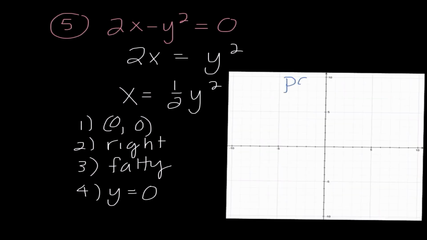Okay, so I'm writing a big fat parabola on my graph. And I'm going to 0, 0. If it's right and it's fat, I'm going to go to the right 1 and up 2, and to the right 1 and down 2. My dots look awesome.